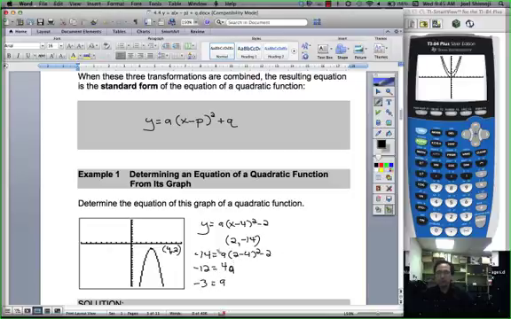Once we know the a value and the values of the vertex, then we can write the equation. So y is going to be equal to -3 times x minus 4 squared minus 2. Okay. Turn to page 118. Try the check. If you struggle with this, the full solution is in your work text. So pause the video and try the check.